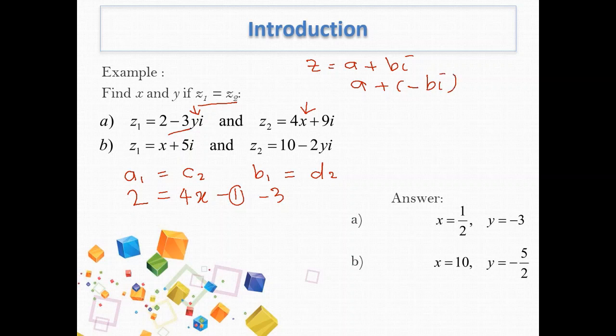That's why for b1 here it is negative 3. So what is negative 3 equal to? d of 2, which is negative 3y. So we have a second equation. Now we can solve these equations. We have x is equal to half, and we can solve for unknown y, which is minus 3.